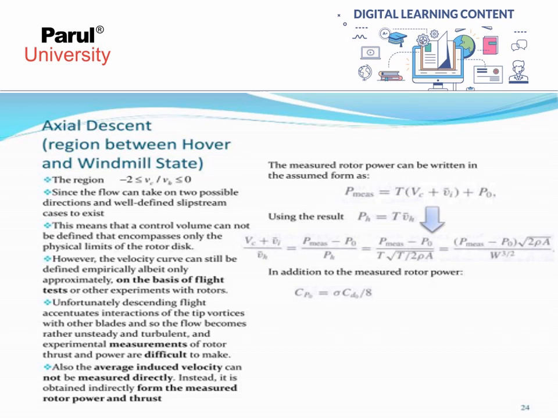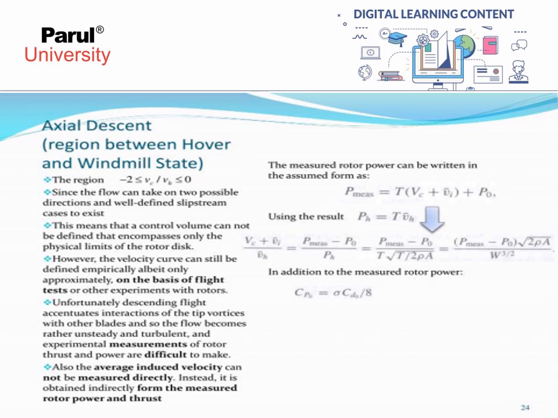experiments with rotors. Unfortunately, the descending flight acts with interactions of blade tip vortices with other blades, and so the flow becomes rather unsteady and turbulent, and the experimental measurement of the rotor thrust and power is difficult to make. Also, the average induced velocity cannot be measured directly. Instead, it is obtained from the measured rotor power and thrust.